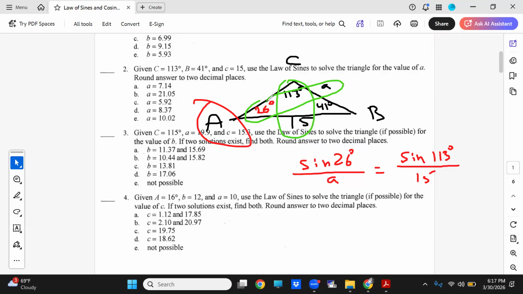So I got 6.5755, and so on. And then this would be A times sine.